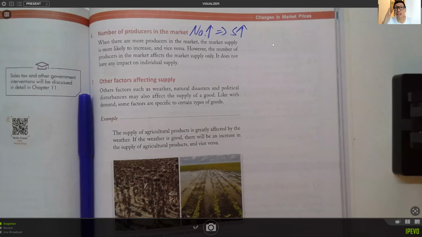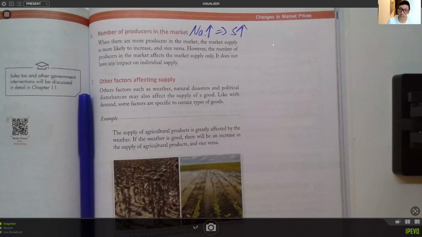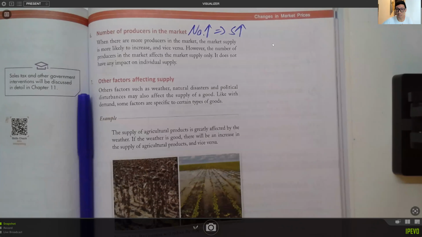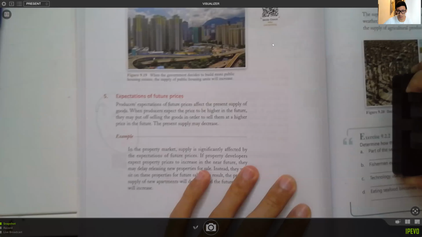During those 2 weeks, vegetables, the price was super expensive because, let's say a typhoon, then the supply of vegetables would decrease. OK，好唔好啊？好啦，最後啦。Expectation of future price.